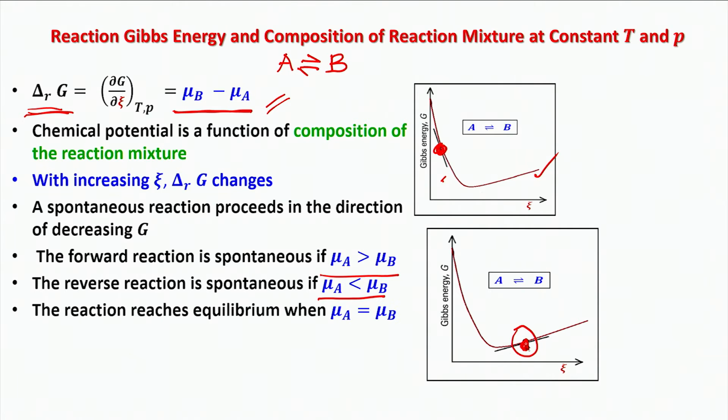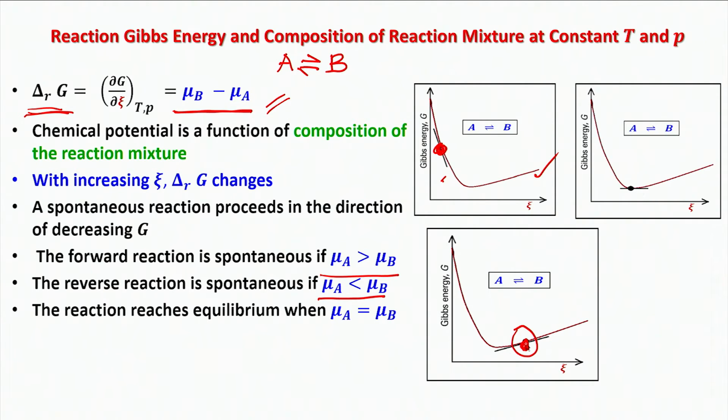Now let us have a look at the reaction equilibrium. At the reaction equilibrium, the Gibbs free energy at a given temperature and pressure for a given composition must be a minimum. So when do I have it? When I identify the minimum point in this curve.